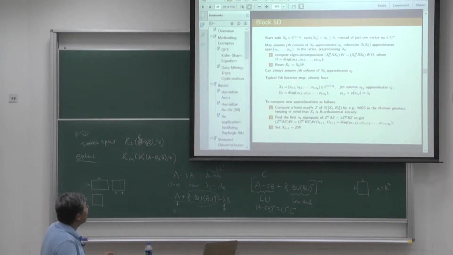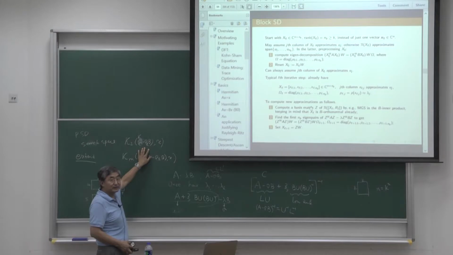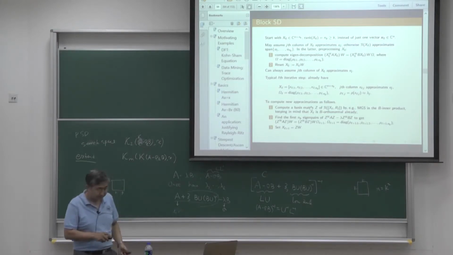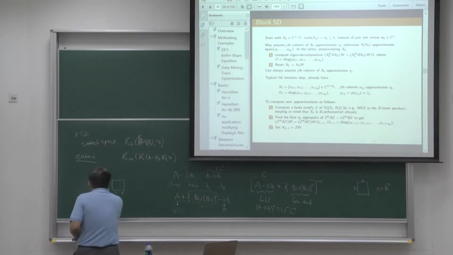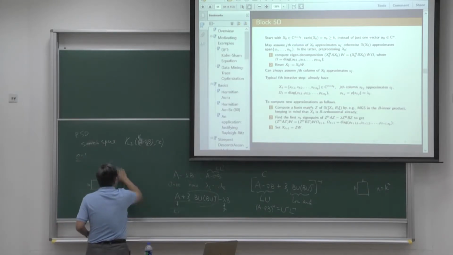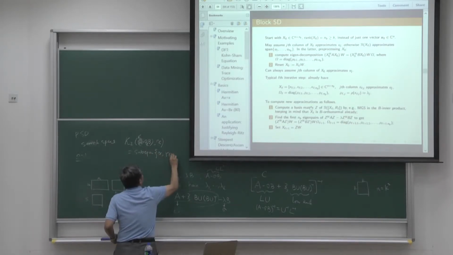Now let's look at the typical steps. In the SD case, the typical step is to find the best possible approximation within this Krylov subspace of order 2. Now X has nb columns. How do you expand the space? In the SD case, this space is equal to the span of two vectors, x and the residual.